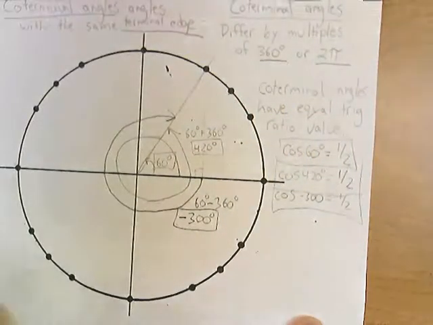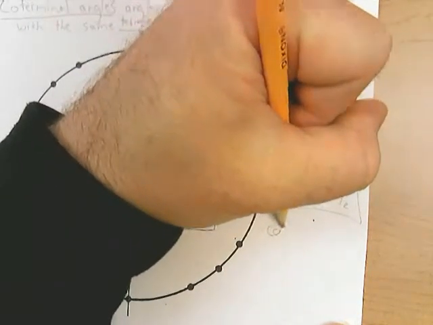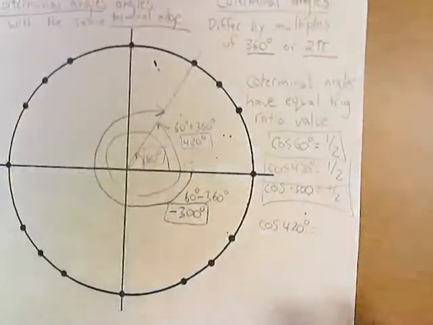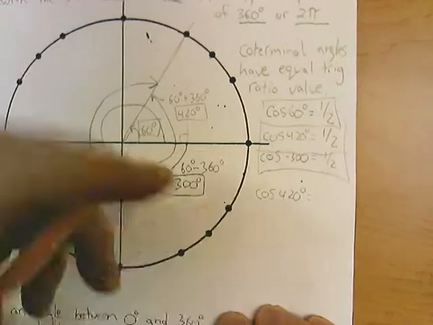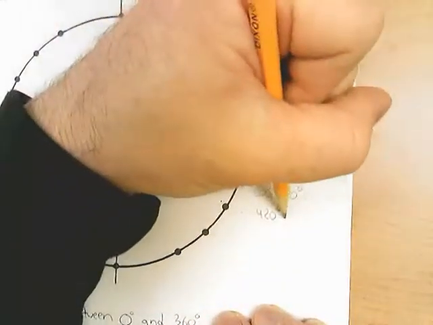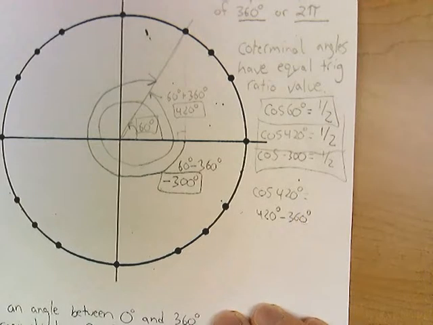So often what will happen is if I ask you for the cosine of, say, 420, the way I would have to think through that, if I was trying to find the actual value from the values that I have memorized, I would take 420 and subtract 360 until I got something recognizable, or between 0 and 360.